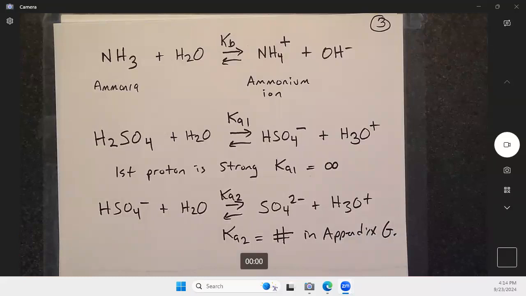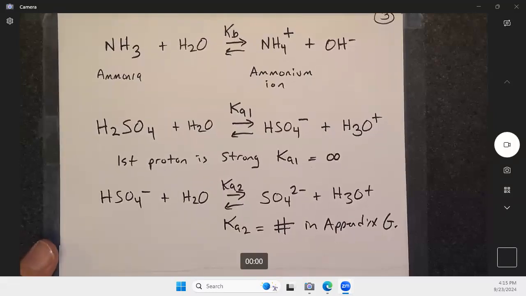It's always weak. I probably misspoke a little when I said that. But compared to a lot of other weak acids, like acetic acid, for example, it is a stronger acid than acetic acid. Remember, we can look at those Ka values, right? Or we could look at pKa values, right? We'll talk more about that.